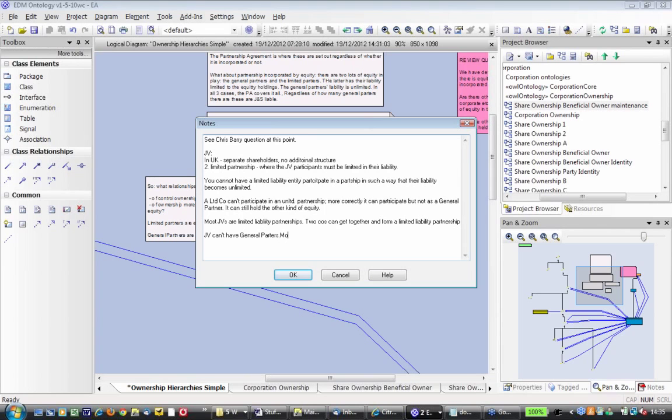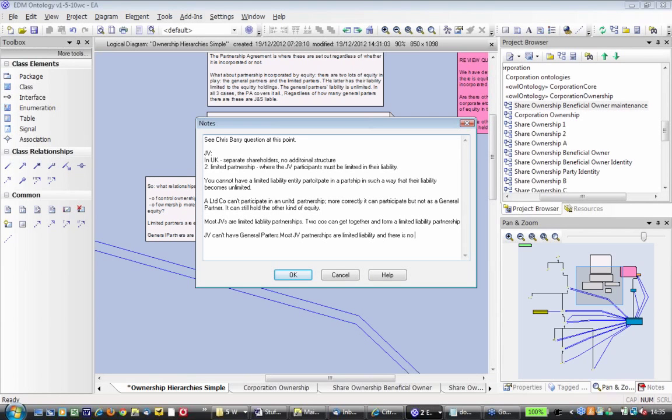Absolutely. Most partnerships are limited partnerships. The ones that have general partners are typically not ones you come across in the corporate world. They're things like law firms and accounting firms.